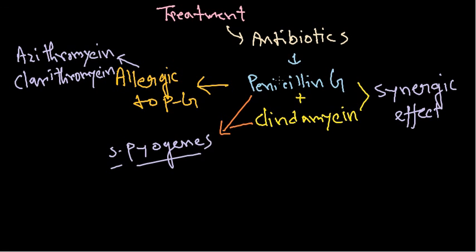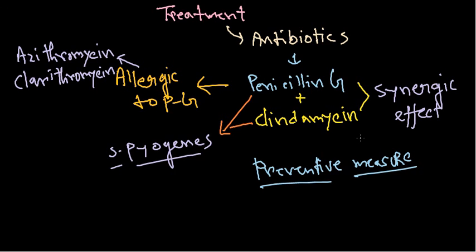After knowing all these things, prevention is also the most important part, because prevention is always better than treatment and cure. So preventive measures must be taken. Wash your hands, especially before eating, and be hygienic about your life.